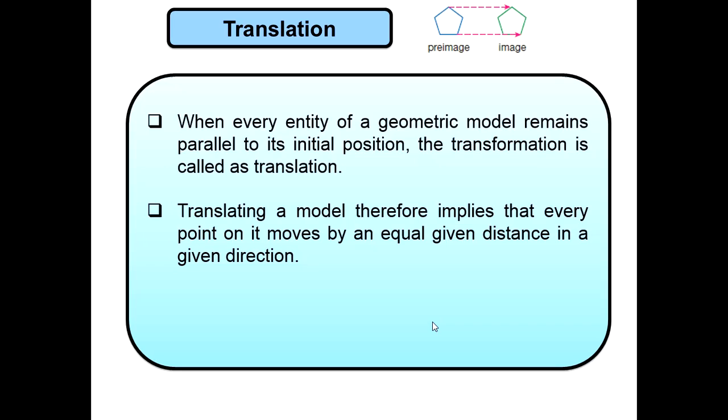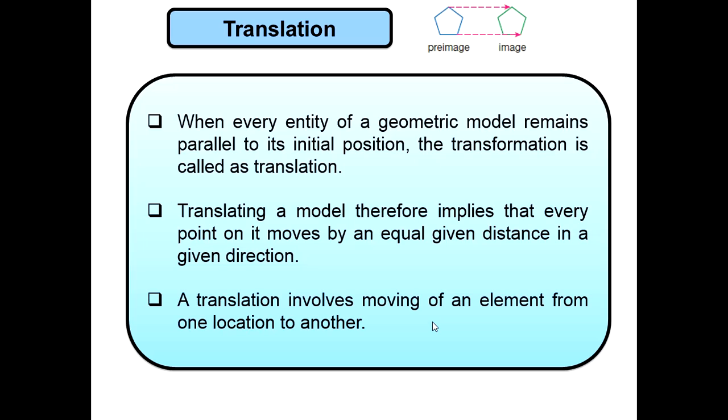Now this indicates that every point on the model will be moved by an equal given distance in a given direction. So when your model is parallel to its initial position, we are moving the model by equal distance and in a given direction.